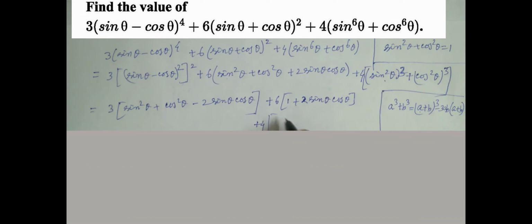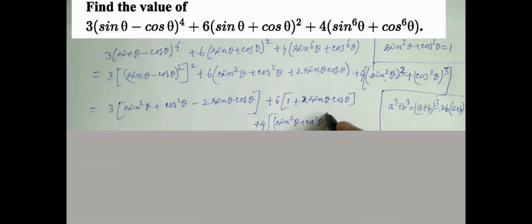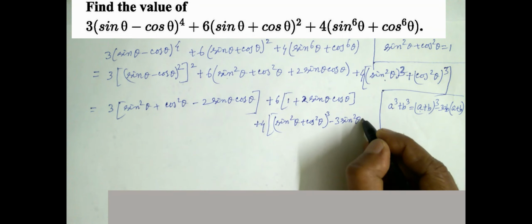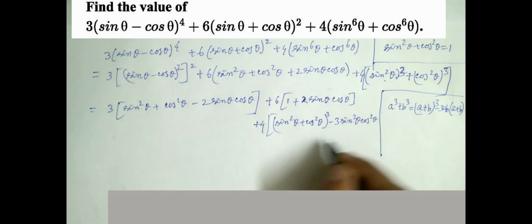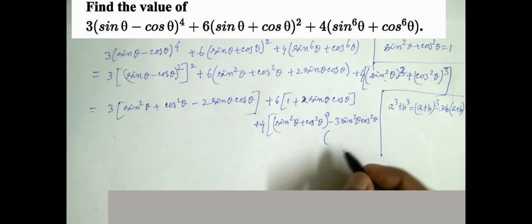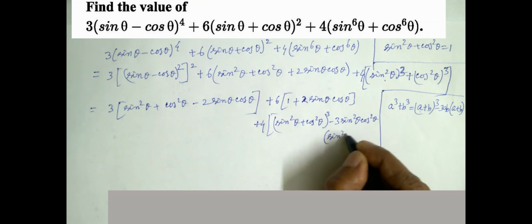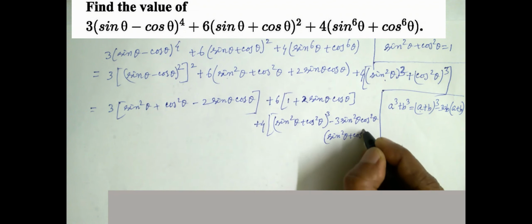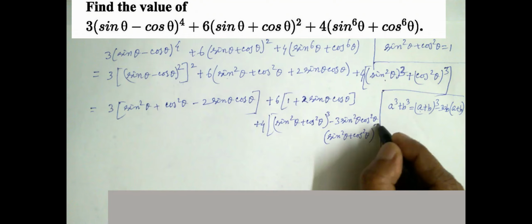So what we will write: (sin² θ + cos² θ) whole cube minus 3ab, where a means sin² θ, b means cos² θ, again multiplied by (a + b), meaning sin² θ + cos² θ, bracket closed, third bracket closed.